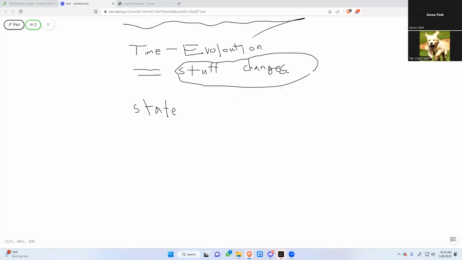So basically, in quantum mechanics, there is this idea of a state. A state is basically all the information about the universe, or a specific subset of the universe, at a given time.